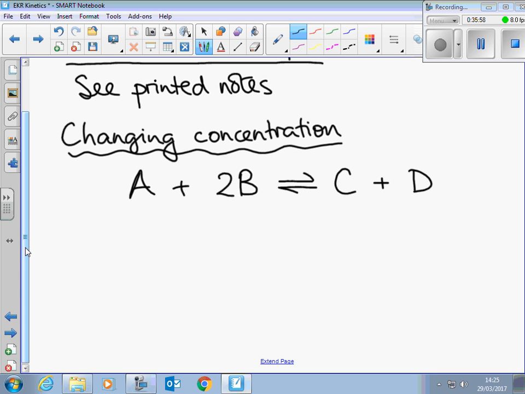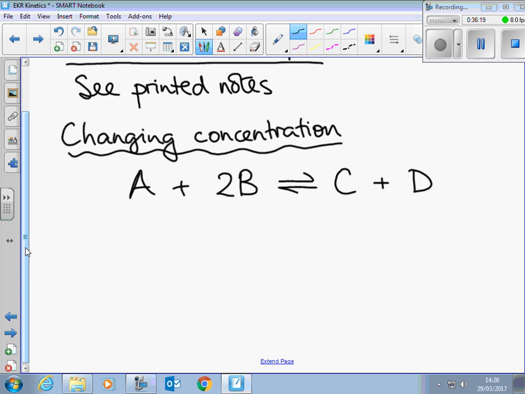Well, the equilibrium, set up like that, doesn't want more A. So the equilibrium will change in order to reduce the amount of A if you increase it, and so that will push the equilibrium in which direction? To the right? Yeah?